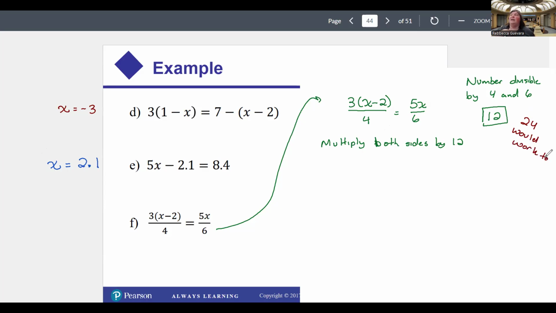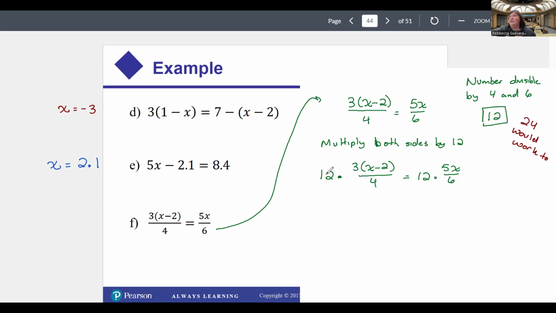I just need a number that 4 and 6 would divide into, because we're trying to clear out that fraction, so we need something that's going to clear it out for us. Sorry about that. So we have 12 times 3 times (x minus 2), all divided by 4, equals 12 times 5x divided by 6.